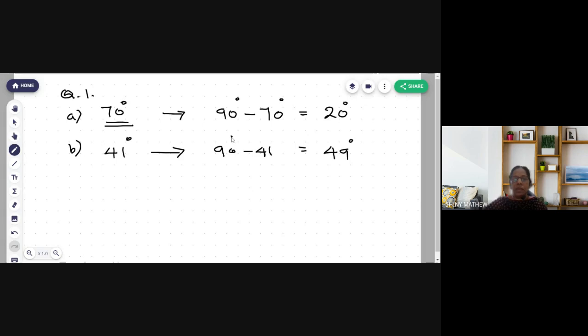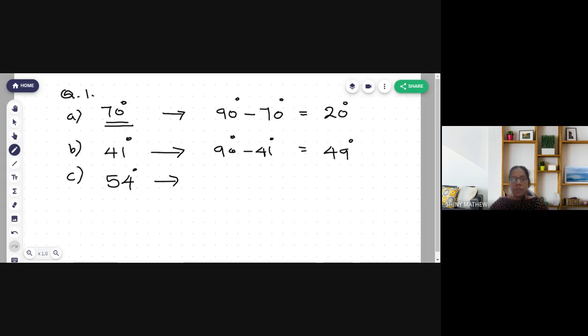Here, all of you write the degree symbol. Now the next question: 54 degrees. Okay, do it fast.